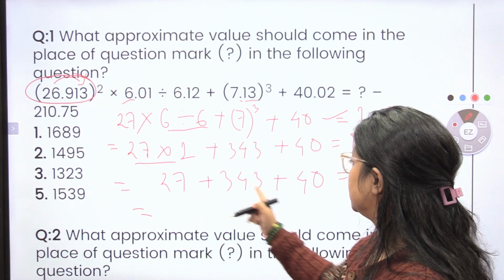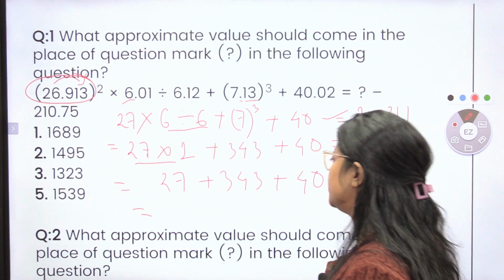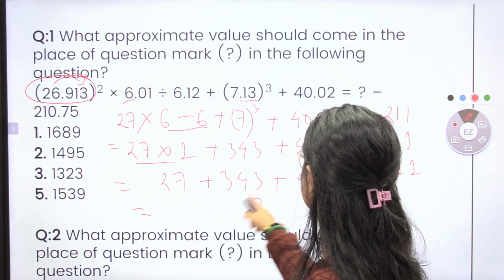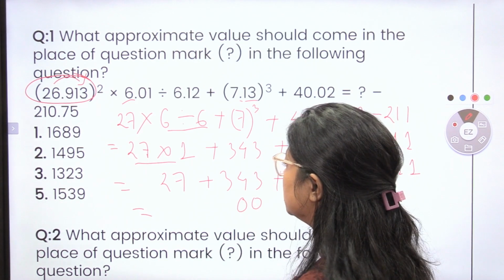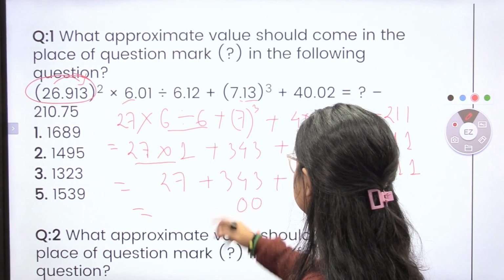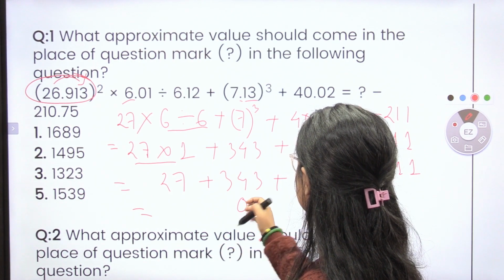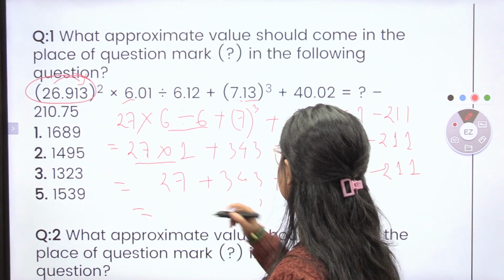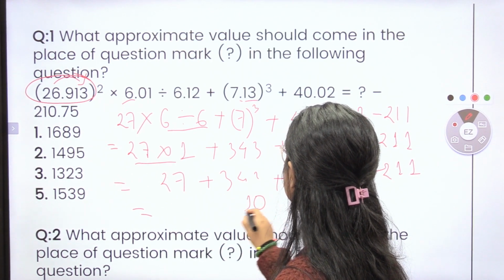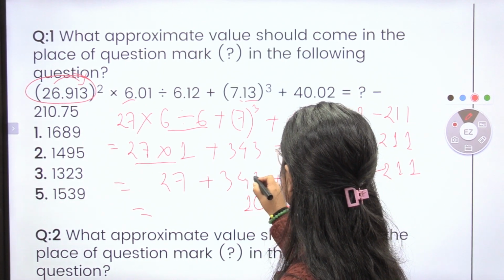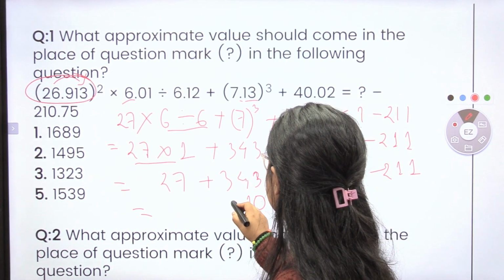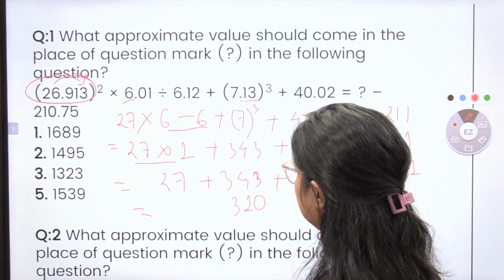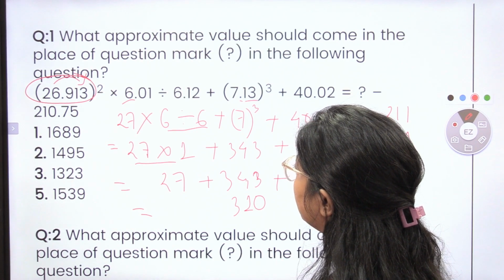So it will be like 3 plus 7, it will be 10, 0, 1. Is it fine? What have I missed here?